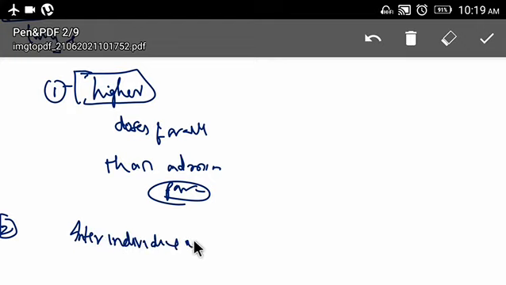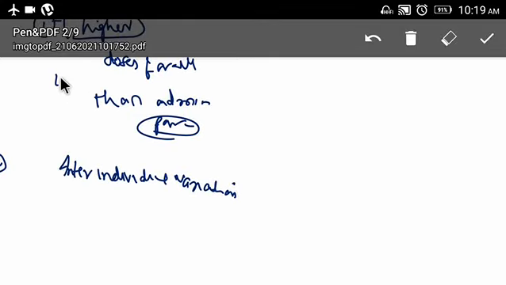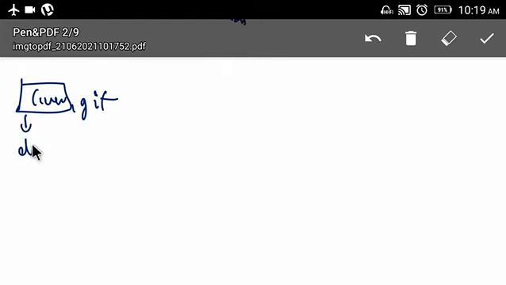And I told you the sites of first pass metabolism are mainly liver and GIT. So when there are any diseases in the liver, that means when there is pathology in the liver, then first pass metabolism will be hindered. First pass metabolism will be decreased.